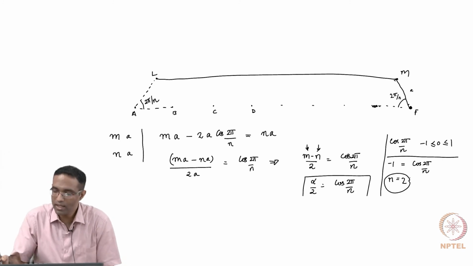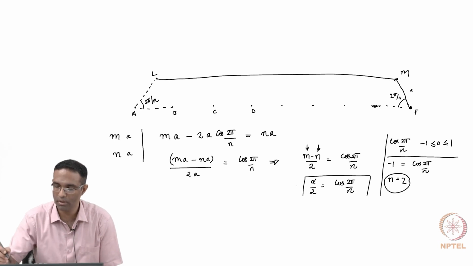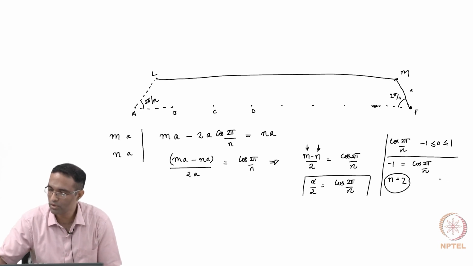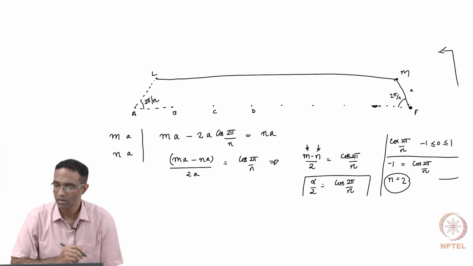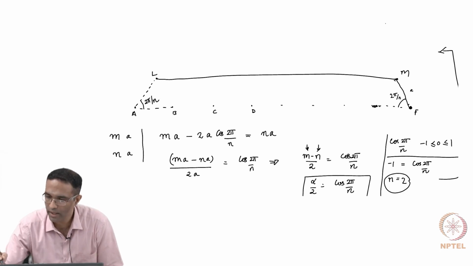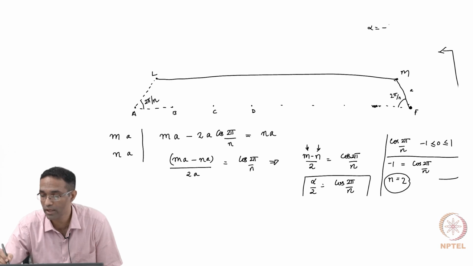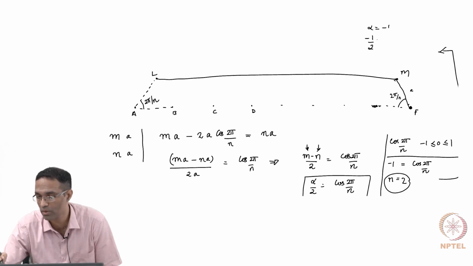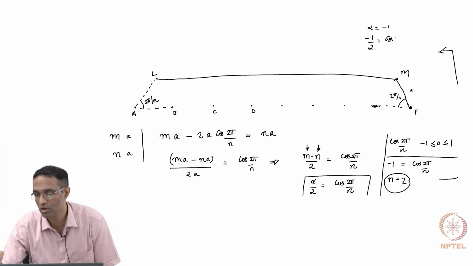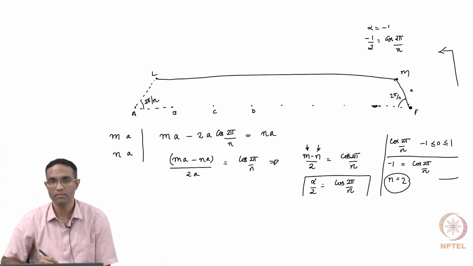Right. Now let us look at the next integer. So maybe we can continue this over here. What would be the next thing that we want to look at? Maybe alpha is minus 1. So then you have minus 1 over 2 is equal to cos of 2 pi over n, right.